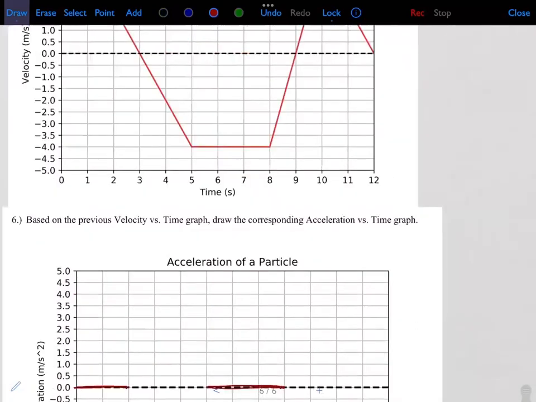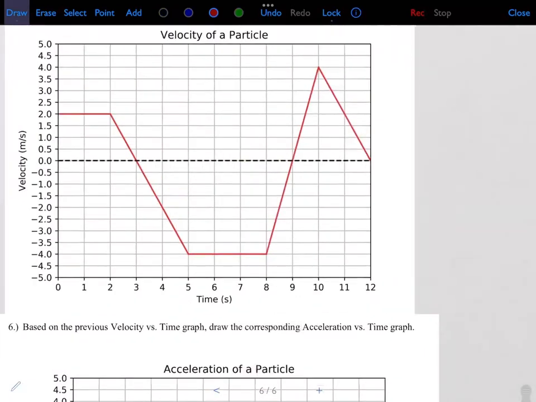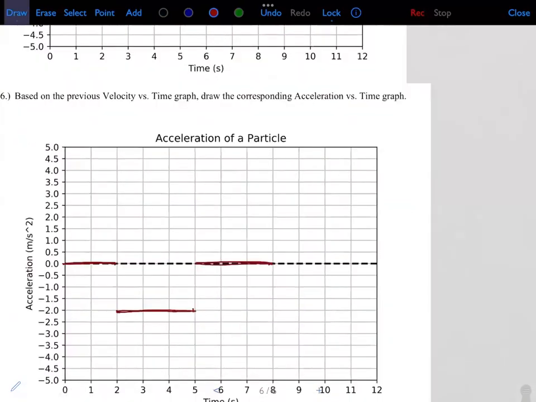Then from 8 to 10, let's see, it's going from -4 up to +4. So that's +8, and the run is +2, right? Rise is +8, run is +2. So 8 divided by 2 is 4. So that's going to be +4 meters per second squared over that 2-second time interval.